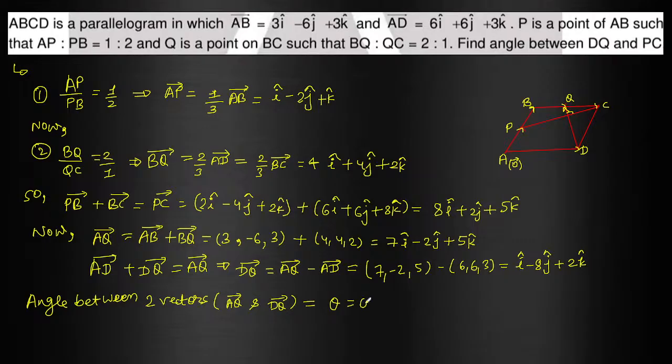Theta is equal to cos inverse of AQ vector dot DQ vector divided by mod of AQ vector times mod of DQ vector.